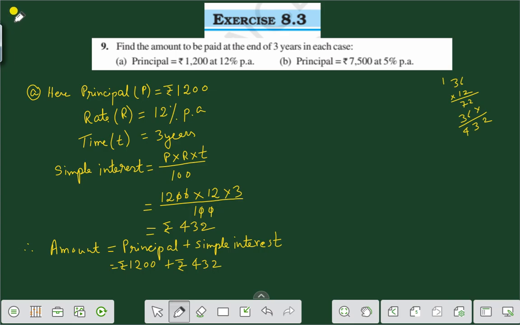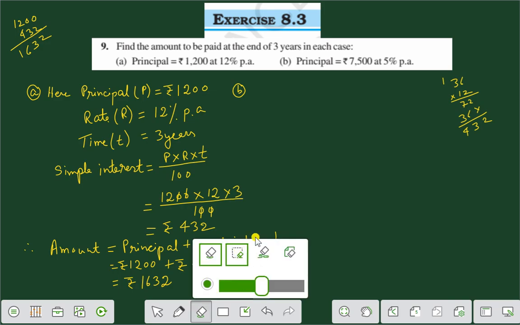If we add the numbers, 1200 plus 432: 2 plus 0 is 2, 3, 4 plus 2 is 6, so 1632. Therefore, the new amount will be rupees 1632.